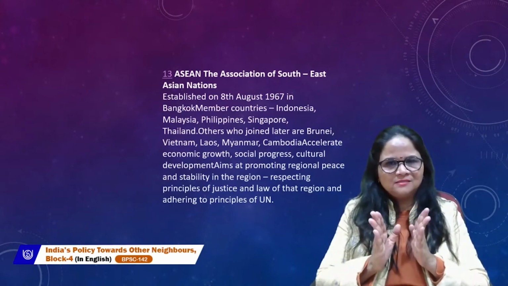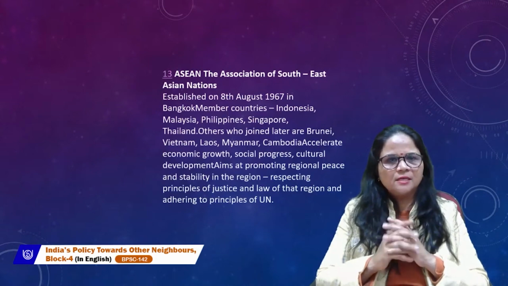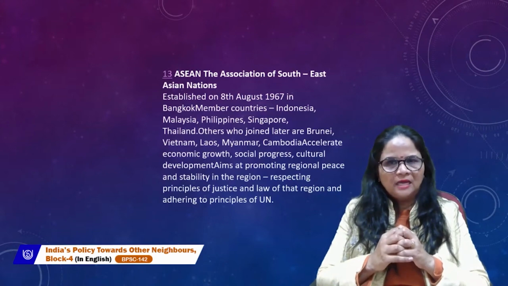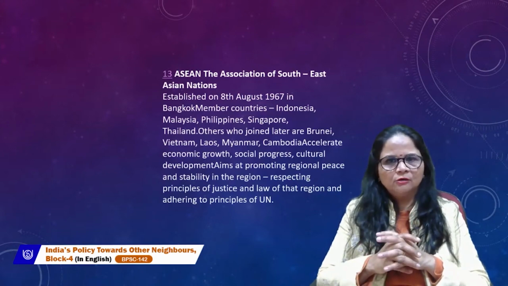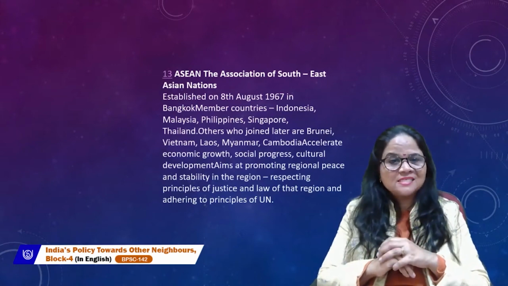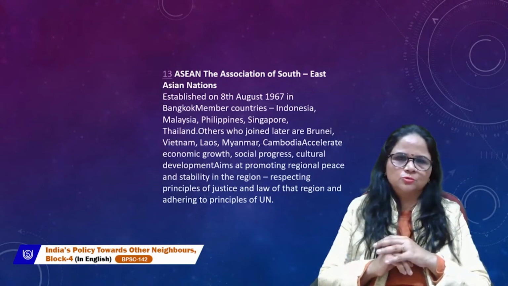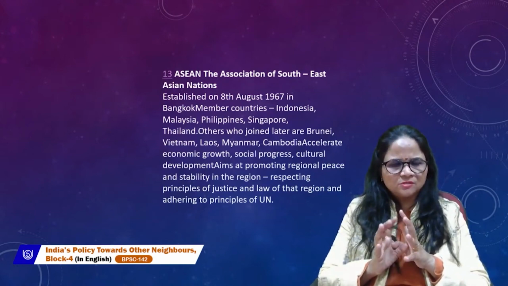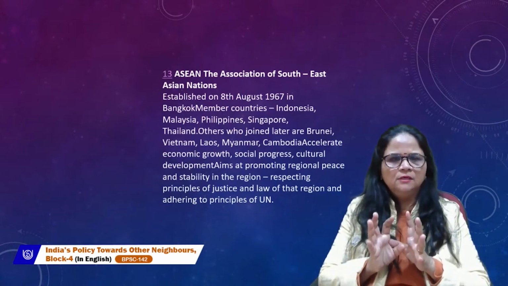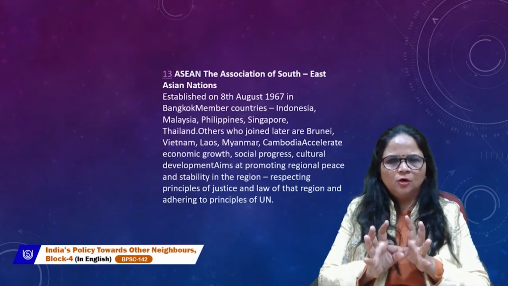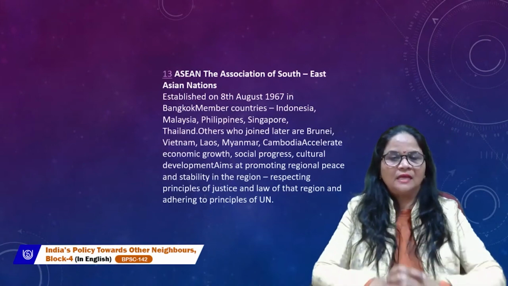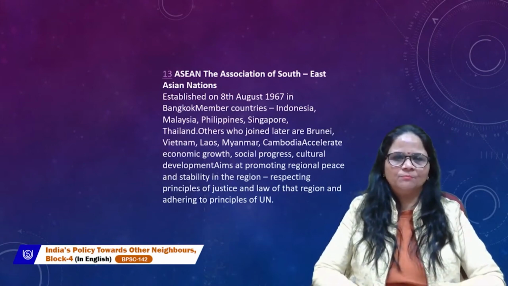The member countries are Indonesia, Malaysia, Philippines, Singapore, and Thailand, and after that new countries joined: Brunei, Vietnam, Laos, Myanmar, Cambodia. They think about economic growth, social progress, and stability, and they follow the principles of justice and law and the principles of the UN. This is when ASEAN took shape, in 1967.